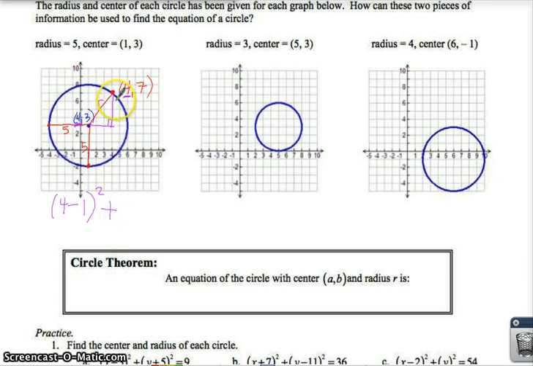Plus, then I'm going to do my y difference, which I can see is 1, 2, 3, 4 units. But again, if I don't know that for sure, then I can take my y value, which is 7, and subtract my other y value, which is 3, and square it. And then that should give me the radius squared, right?